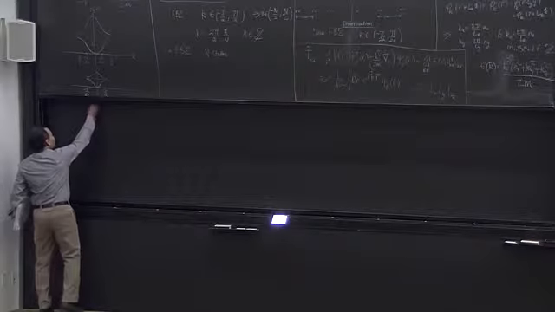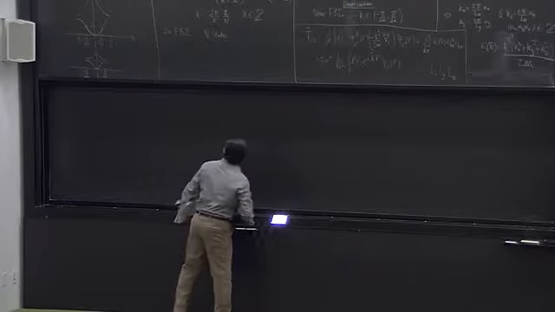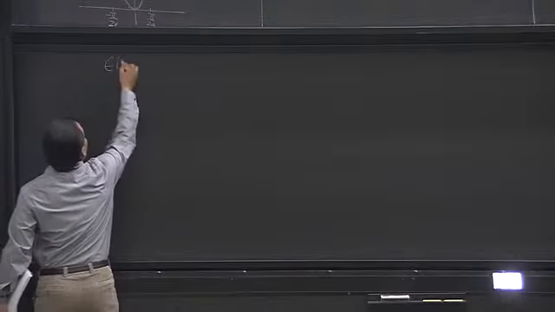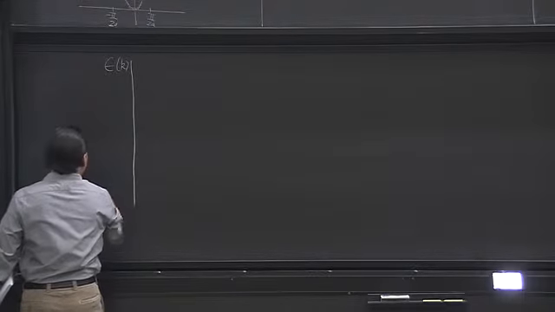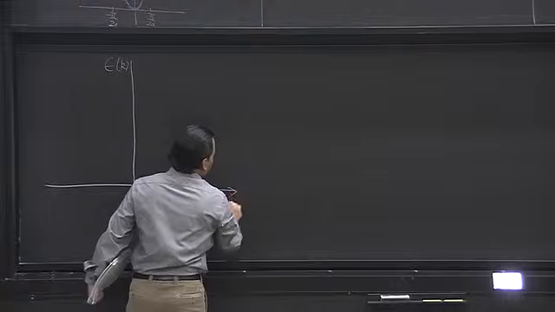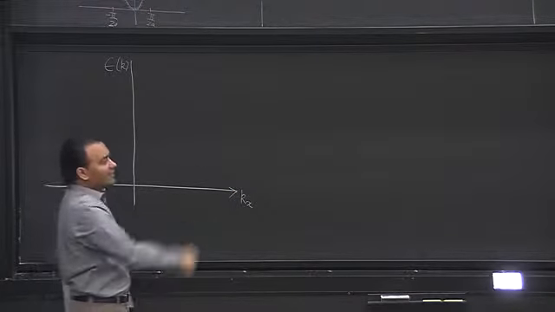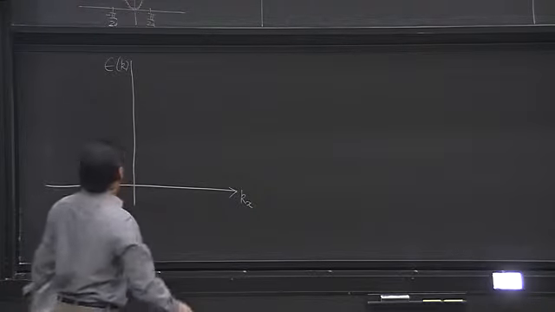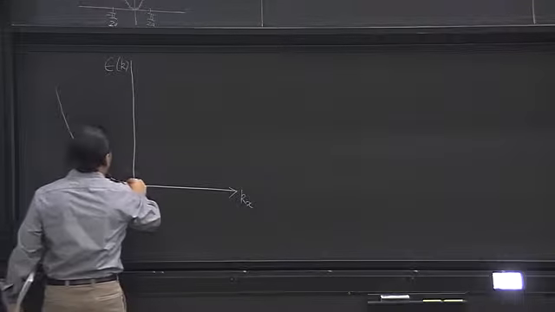Our goal is to draw energy as a function of k, and I'm plotting this as a function of kx. We've seen that imposing periodic boundary conditions quantizes the values of k. So I'm going to plot this parabola.